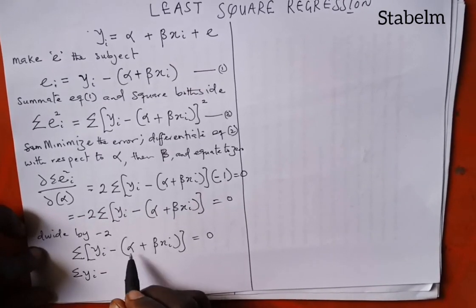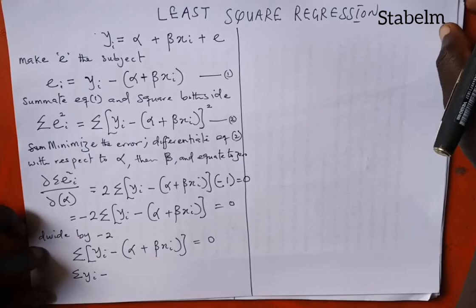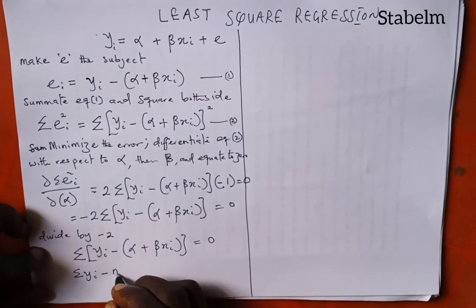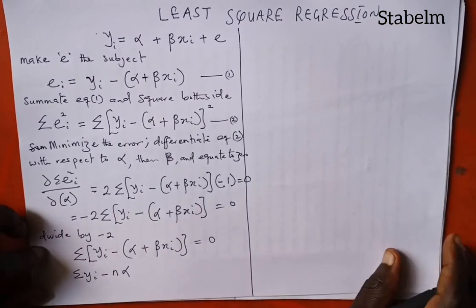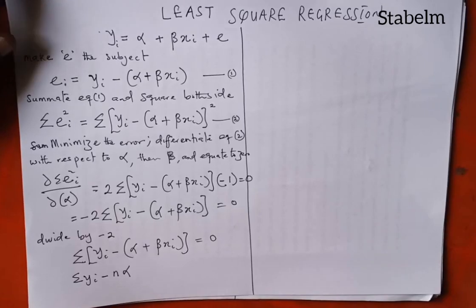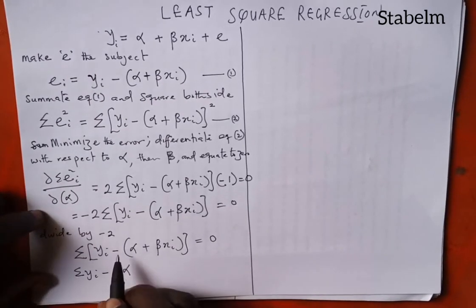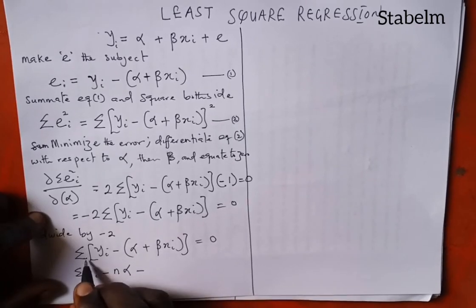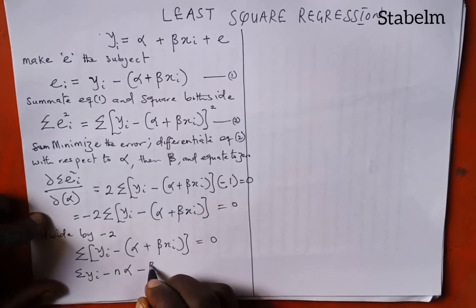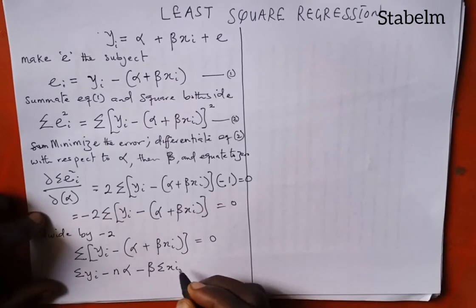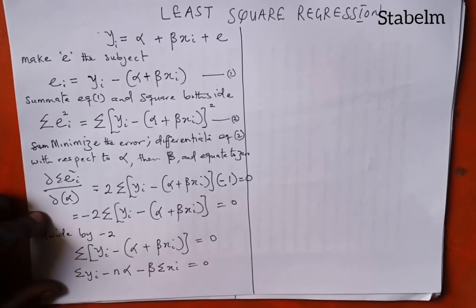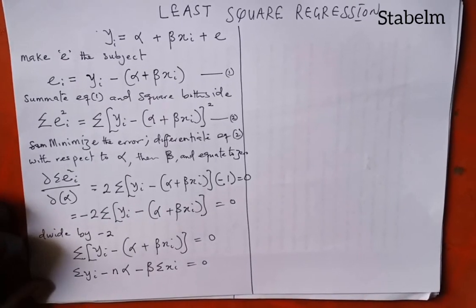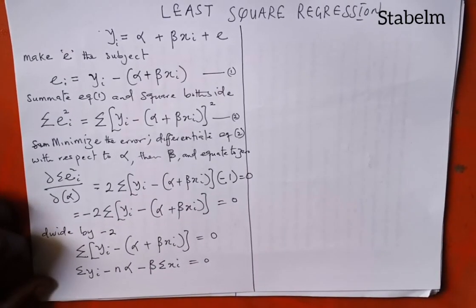minus summation alpha. Alpha is a constant, so this will give us n alpha. You cannot say summation alpha, summation of a constant, that is not possible. Then we have minus multiplied by plus, so we have minus beta summation x i equals to 0. Make summation y subscript i the subject.